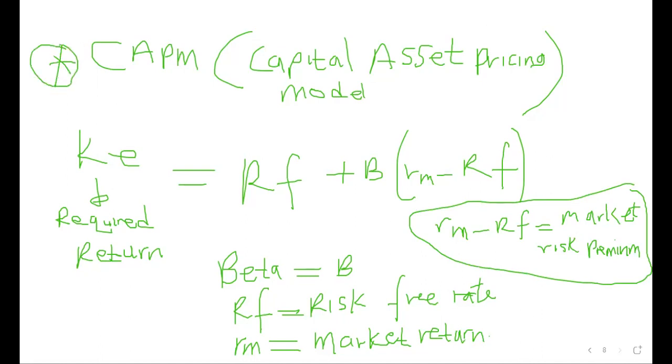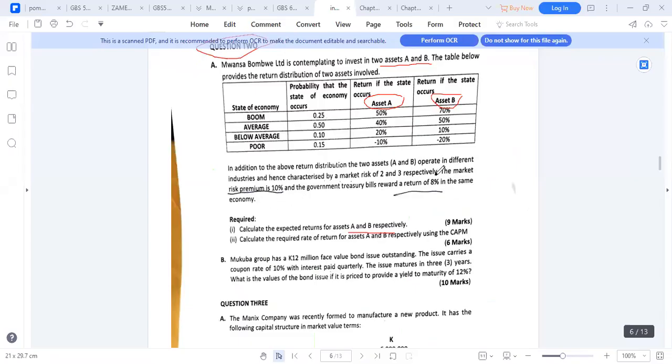The example we can look at here is where they simply say the market risk premium is 10%. And government treasury bills, which is risk-free, is 8%.